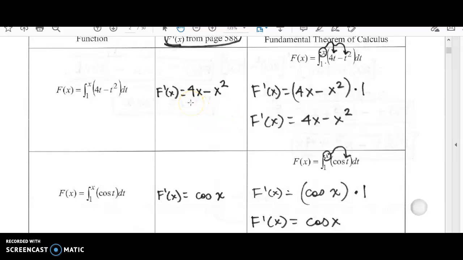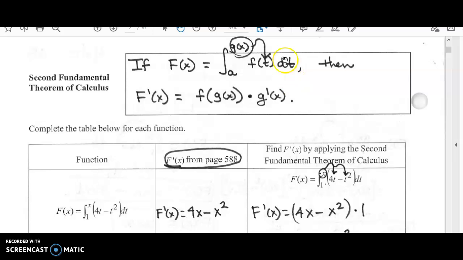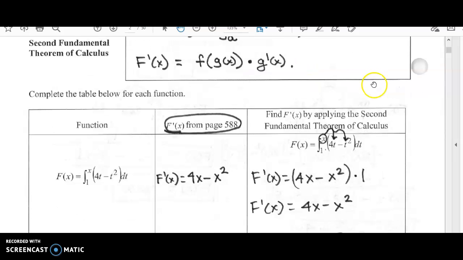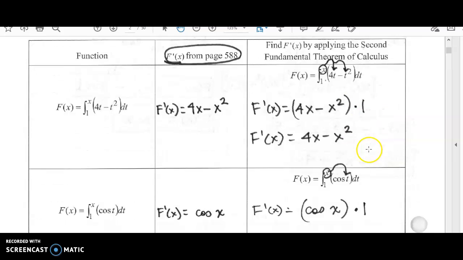But I feel confident that I've explained this, although I accidentally called it the quotient rule and I made some other typo in here. But you can see he explains it really well with the answer key, that you just plug in the x's in here, and then the derivative of x is 1. So it makes perfect sense that the derivative of capital F is the same thing as replacing t's with those x's.